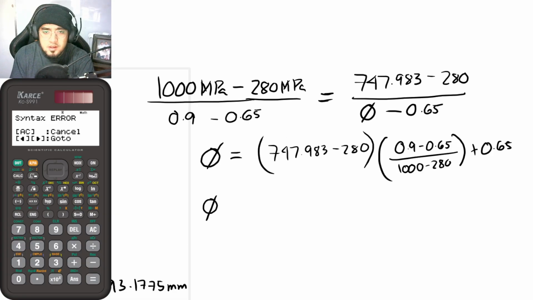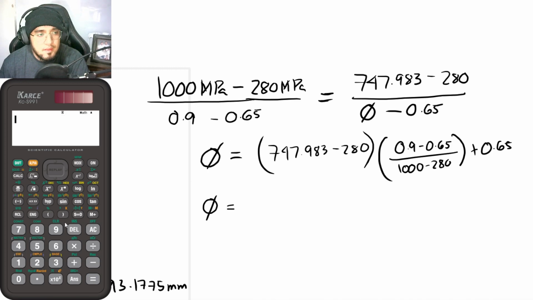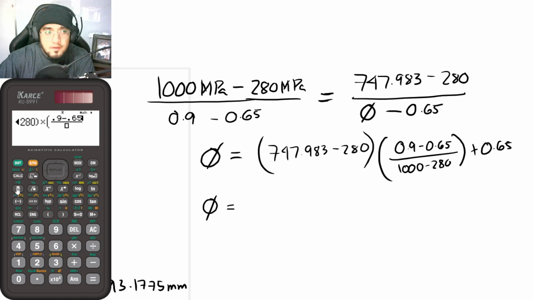Okay, so I will try to solve for it using this method. So 747.983 minus 280 times 0.9 minus 0.65 divided by 1,000 minus 280, plus 0.65.